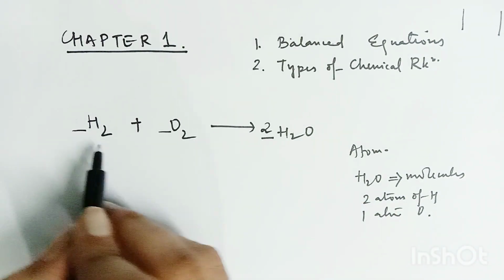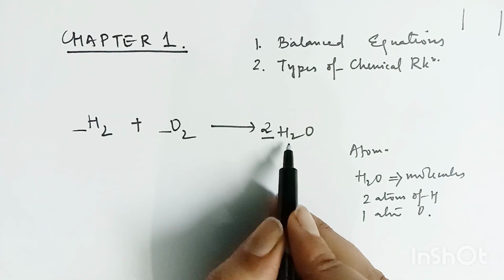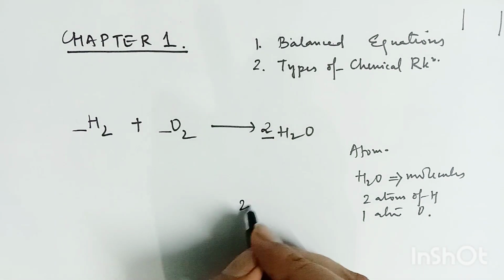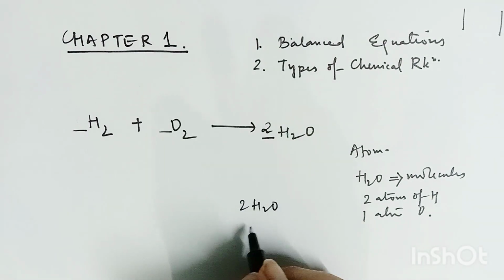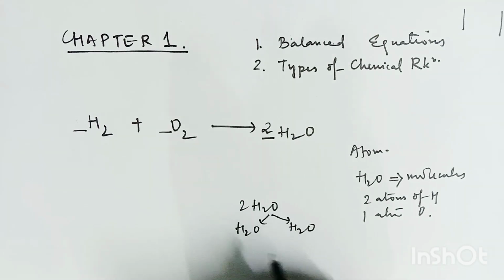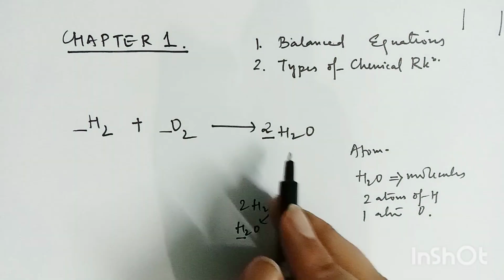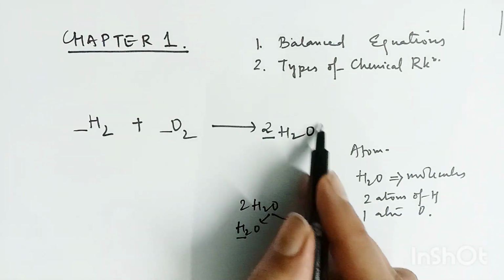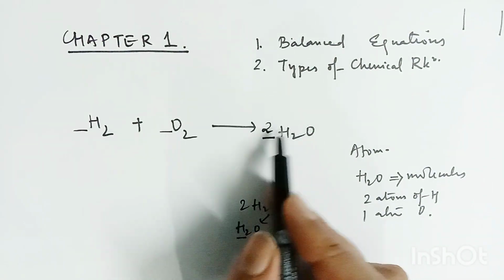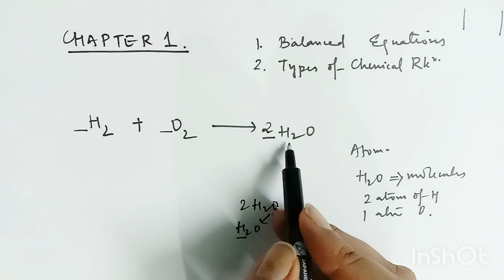Again it is 2 here, and here 2 2s are 4 hydrogen atoms. 2 water means there are 2 water molecules. So here there are 2 hydrogens, here 2 hydrogens, so in total there are 4 atoms of hydrogen.